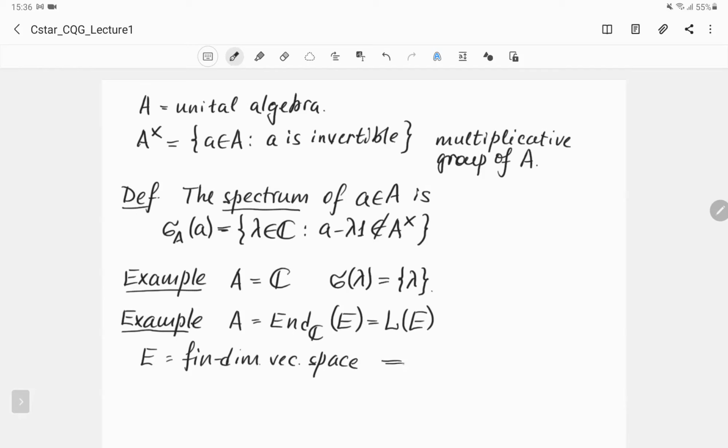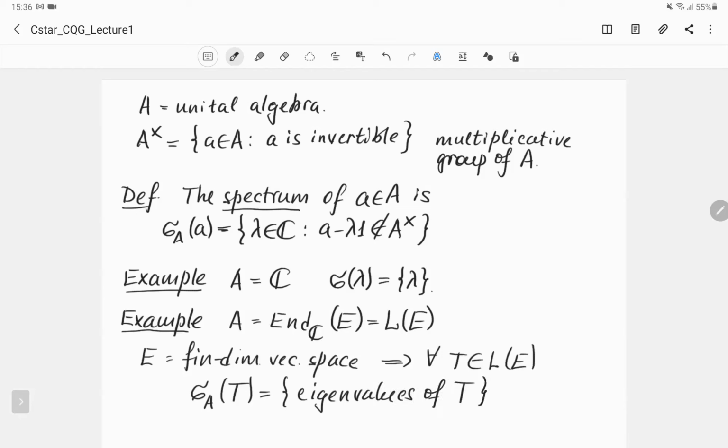Then the spectrum of each linear operator T on E is nothing but the set of all eigenvalues of T. Of course, it's essential here that the space is finite dimensional. So if E is not finite dimensional, then all eigenvalues are contained in the spectrum, but in general, the spectrum can be much bigger than the set of all eigenvalues.